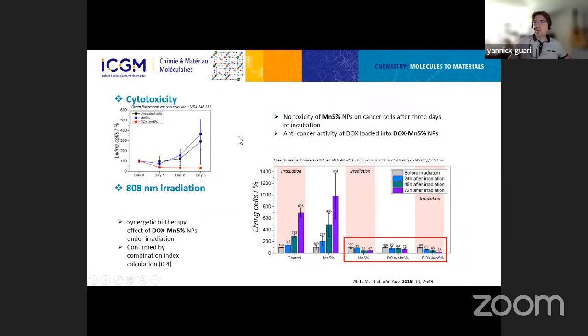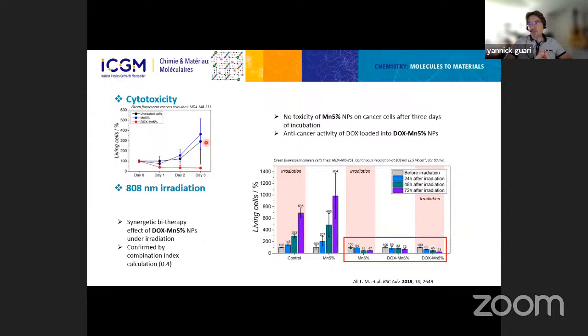When you're using Prussian blue nanoparticles with only 5% of manganese, which are the most efficient in terms of photothermal efficiency, here, the blue curve, you see that there's no toxicity. The cells are growing normally. We have toxicity only, of course, if we add doxorubicin, which is normal. We always have a leaching of doxorubicin.